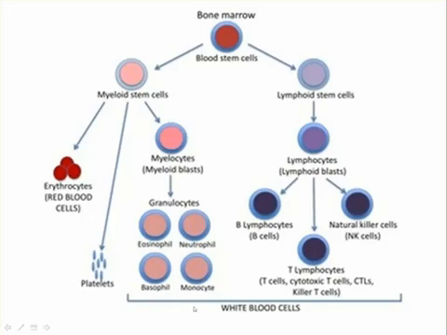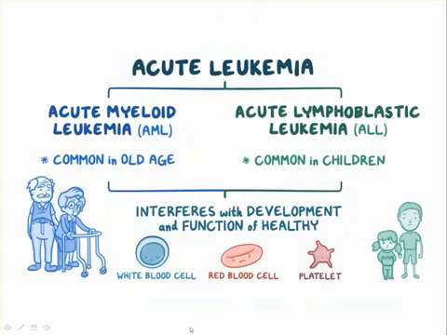Then we have lymphocytic leukemia and we have myeloid leukemia. This will affect the lymphocytes and the precursors of lymphocytes, and this will affect the white cells.